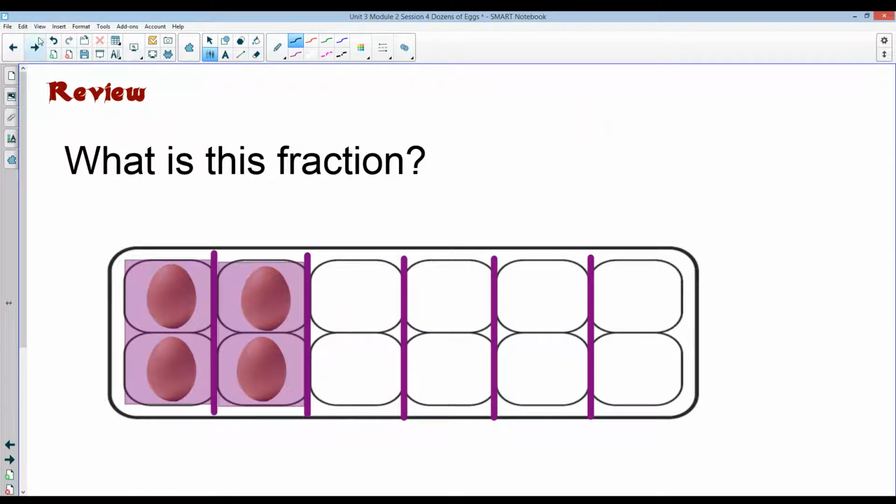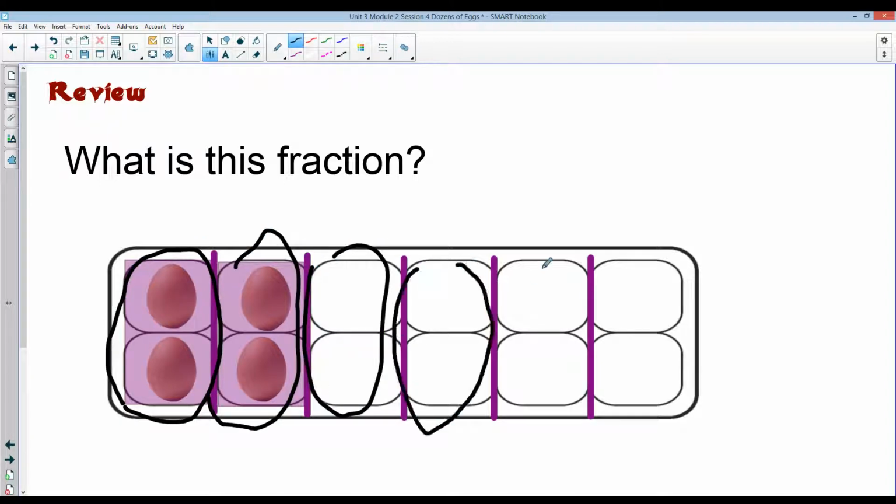Okay, think about this one too. Look at your parts, not the eggs right away. Okay, I figured that out. Now remember, you can pause it. You had 1 section, 2, 3, 4, 5, 6 sections, right?